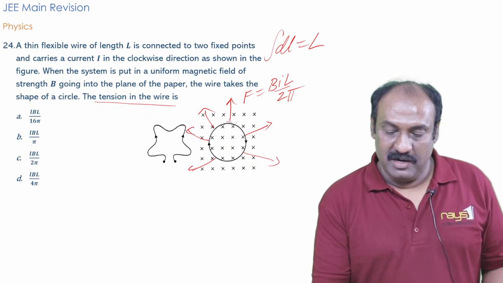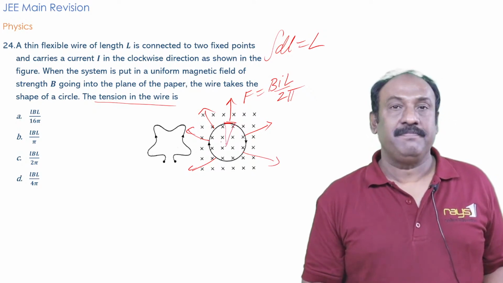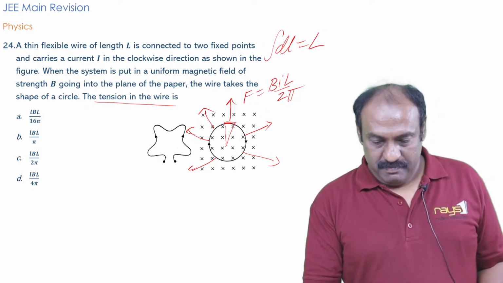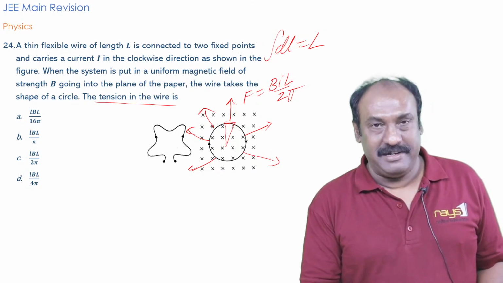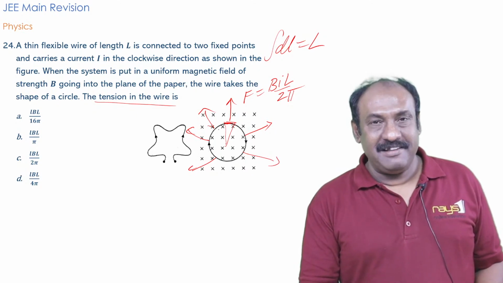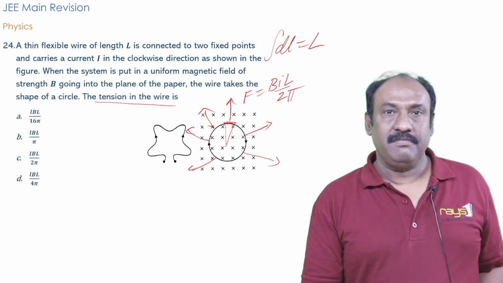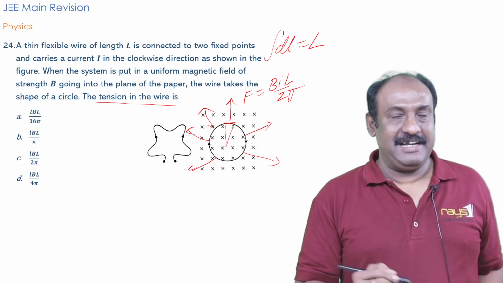I considered one elemental strip having angular width d theta at the center, and tension acts in the tangential direction on this elemental strip. The component of this tension along the horizontal direction is T cos d theta by 2, and towards the center along the vertical direction it is T sin d theta by 2.